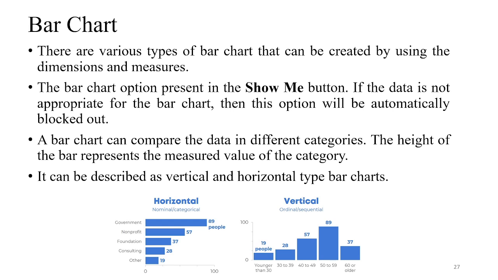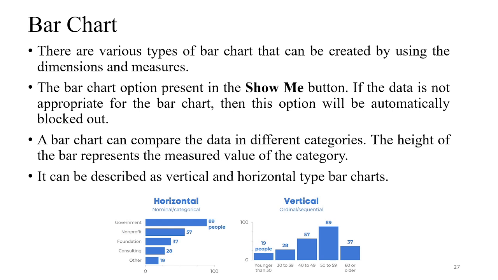Here we have two types of bar chart, horizontal and vertical. Horizontal is used if the data is nominal or categorical. Nominal means, for example, color or rank. This is called nominal categorical data.